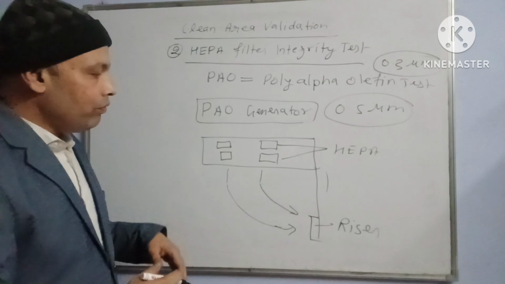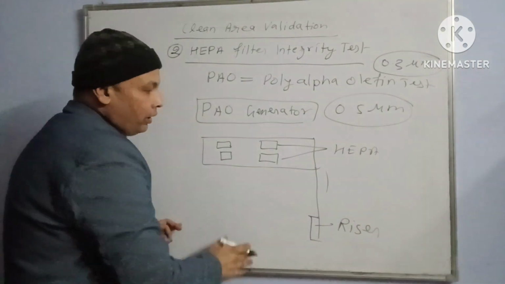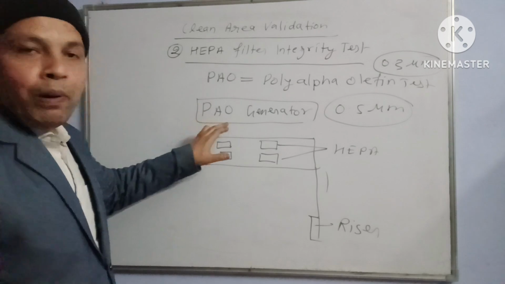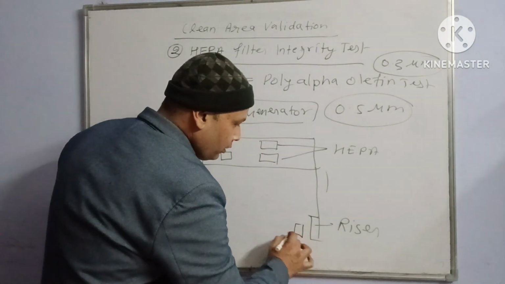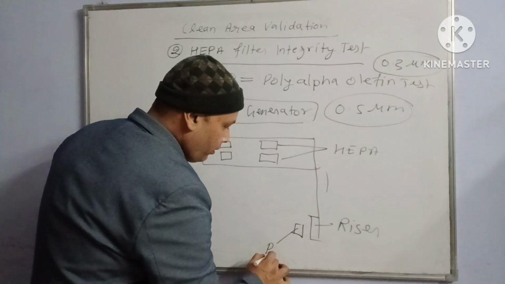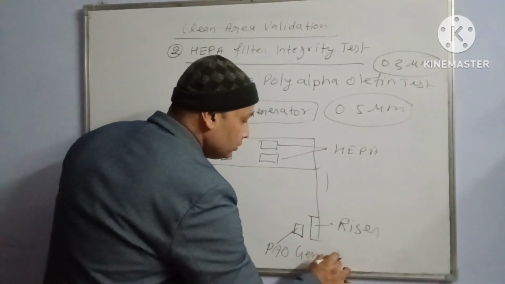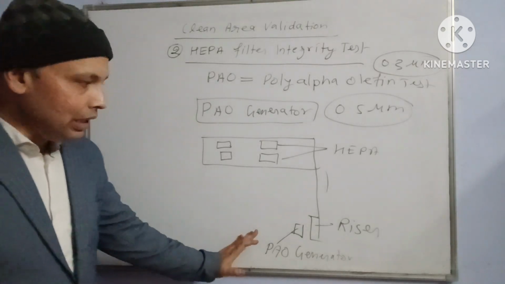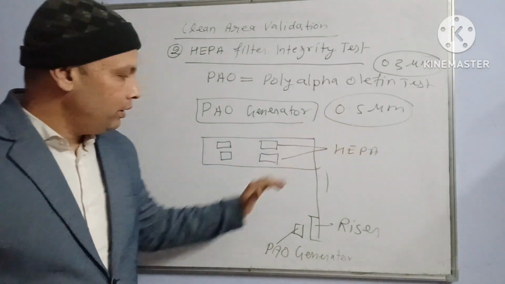Then what are we doing? This PAO generator is kept here. This is the poly alpha olefin generator. It will generate particles of size 0.5 micron or greater.